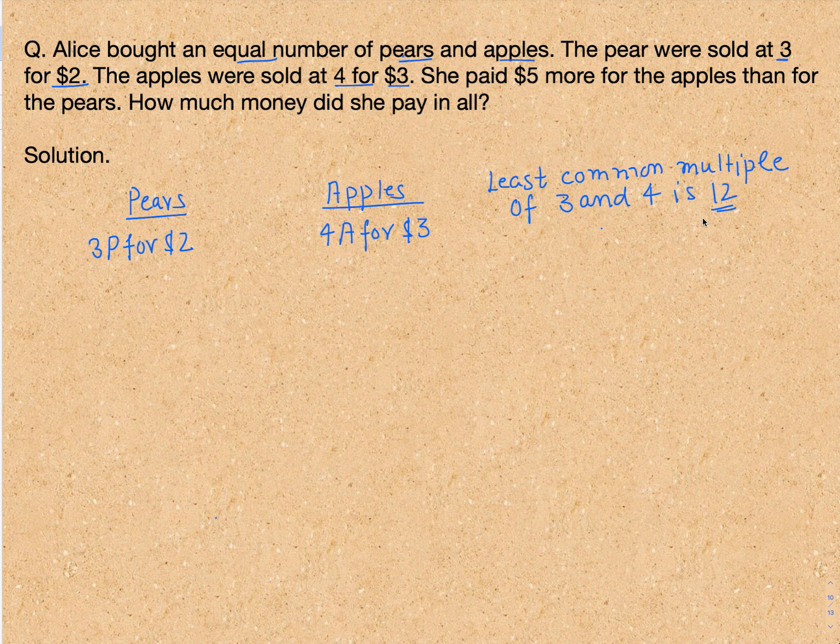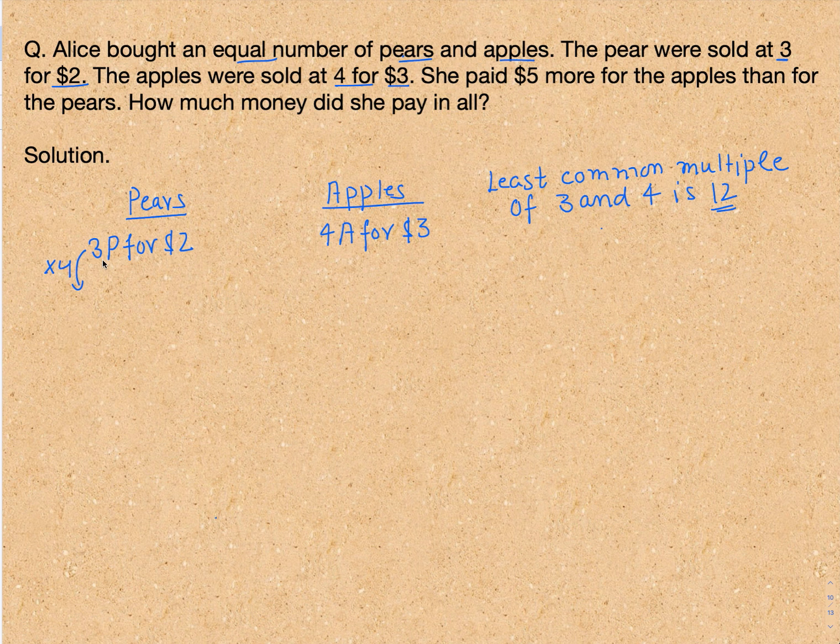That means she must have bought at least 12 pears and at least 12 apples, because that's the least common multiple. Since we know the price of 3 pears, we can also find the price of 12 pears. How do we find it?